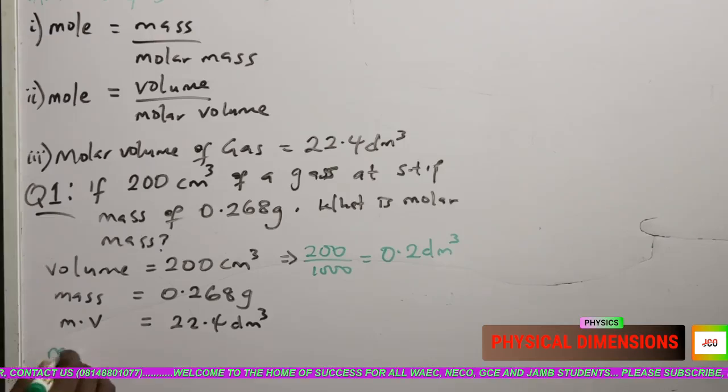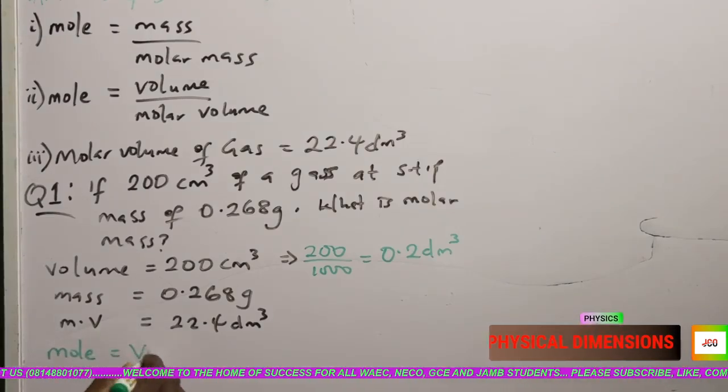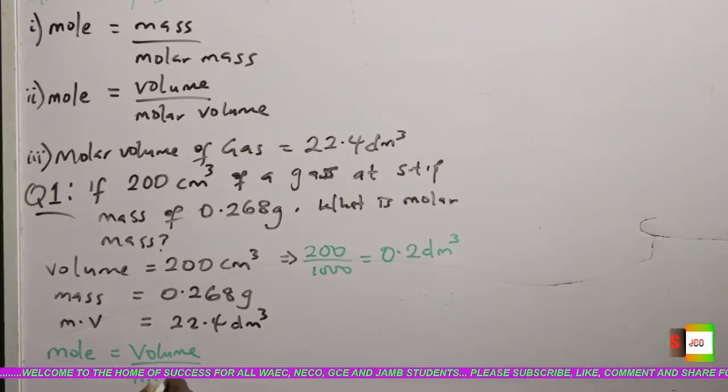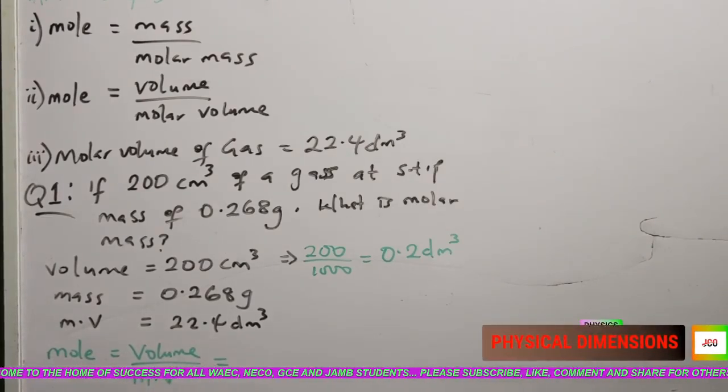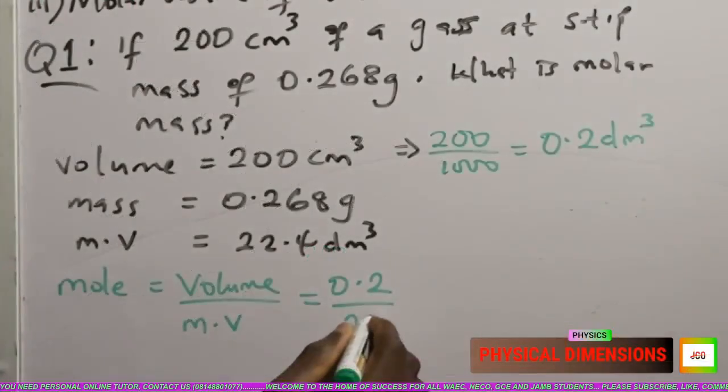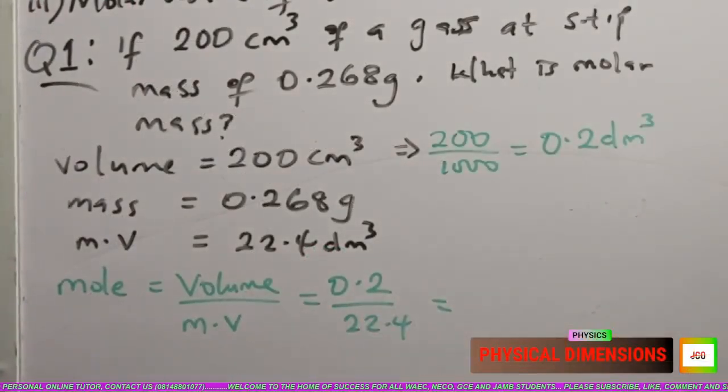Now I'm going to find my mole using the formula volume over molar volume. What is my volume? 0.2. What is my molar volume? 22.4.